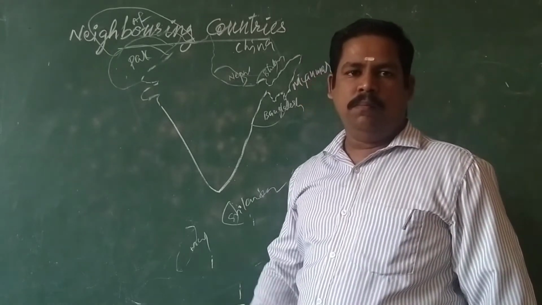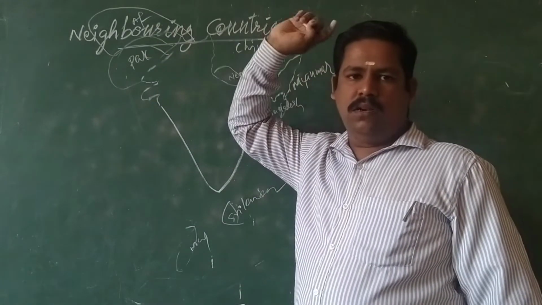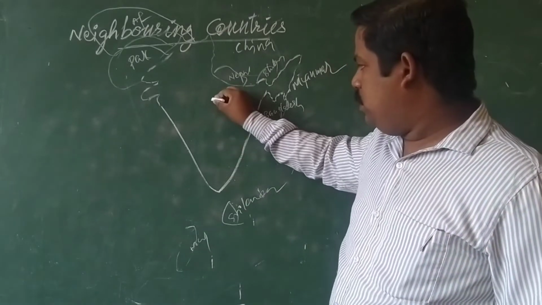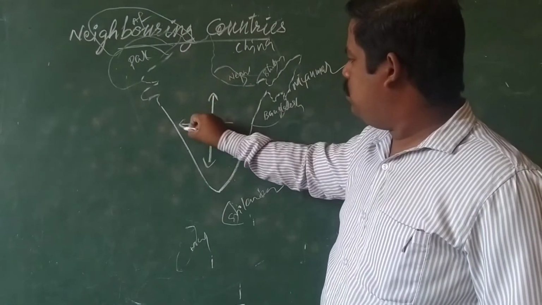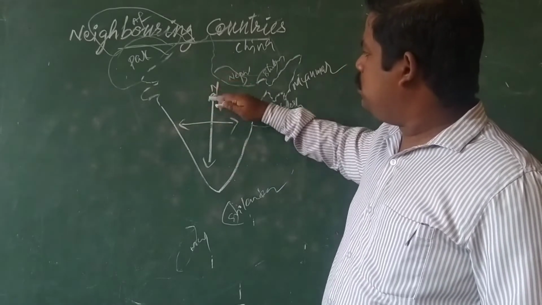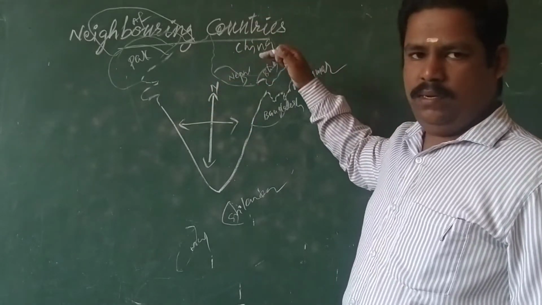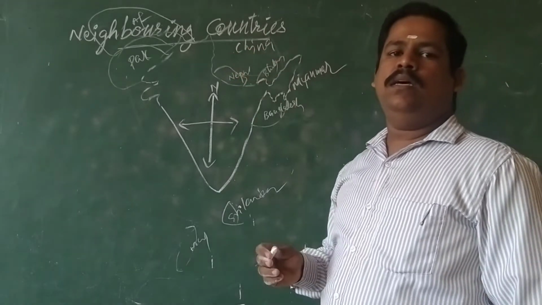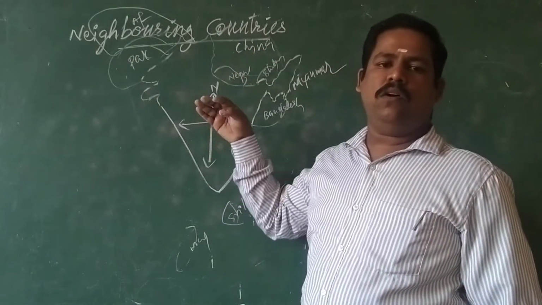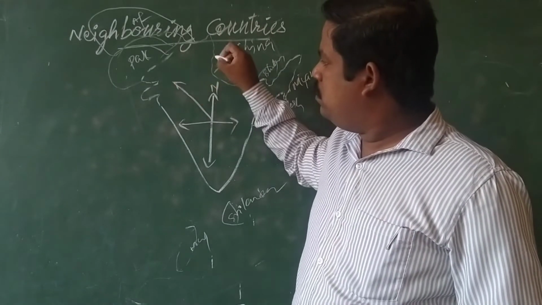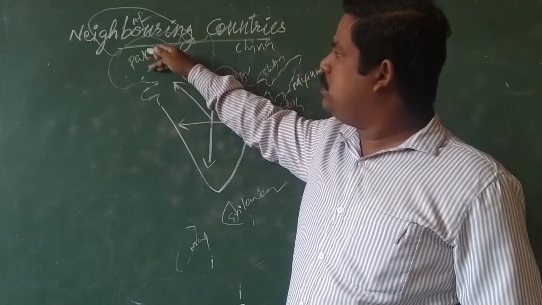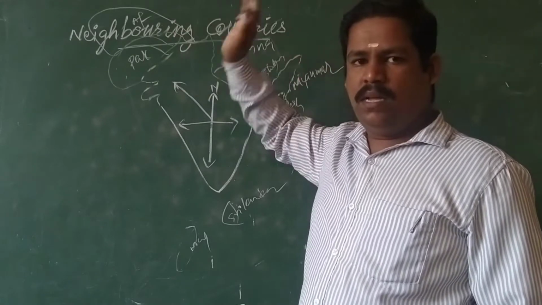Pakistan and Afghanistan are in the northwest. If you are marking like this, on the north side we have China, Nepal, Bhutan. China, Nepal, Bhutan are the neighboring countries situated on the northern border of India. In the northwest, the countries are Pakistan and Afghanistan.